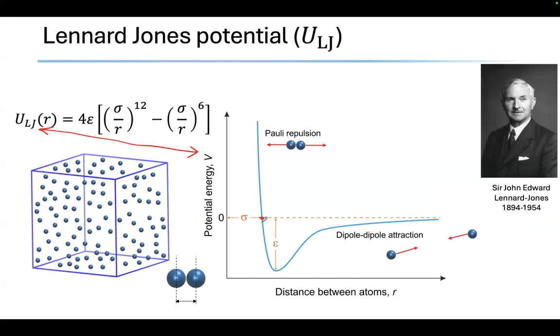On the x-axis you have R, and when R is equal to sigma, you have this 0 potential energy. And epsilon is the well depth, so it gives you the depth of the potential energy.